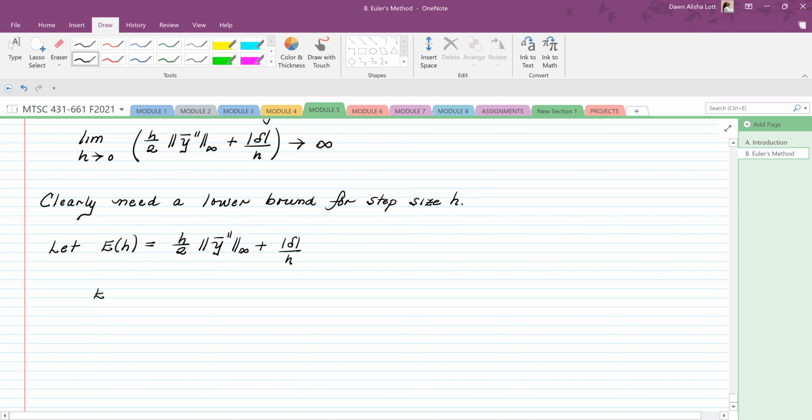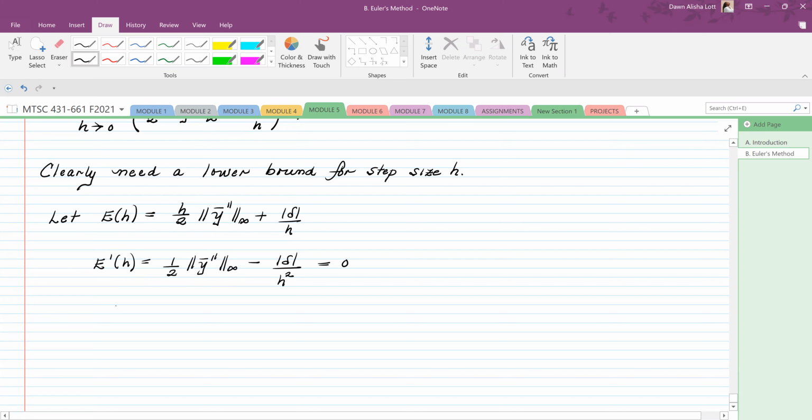So E prime of h is just 1/2 infinity norm minus, here's where the minus comes back, delta over h squared. And we set that equal to 0.